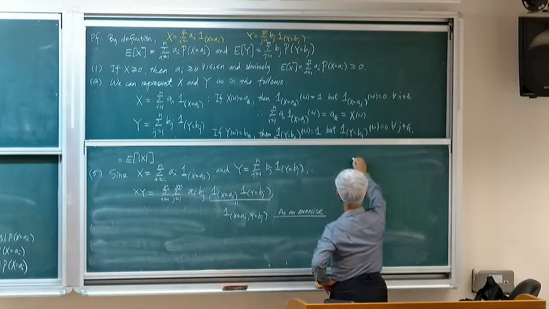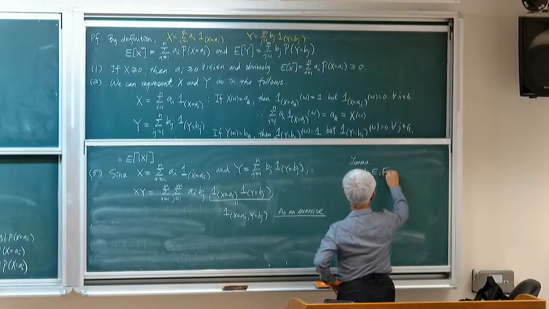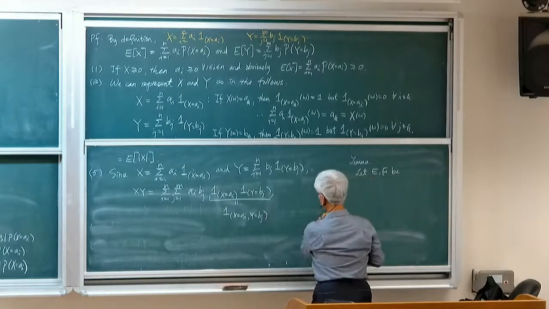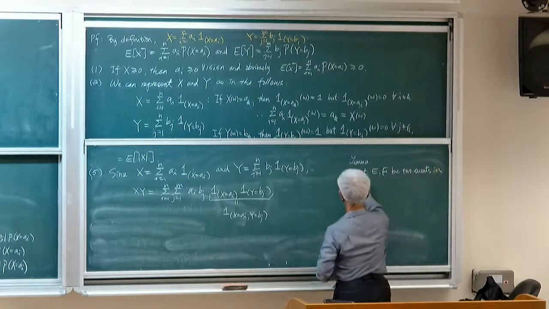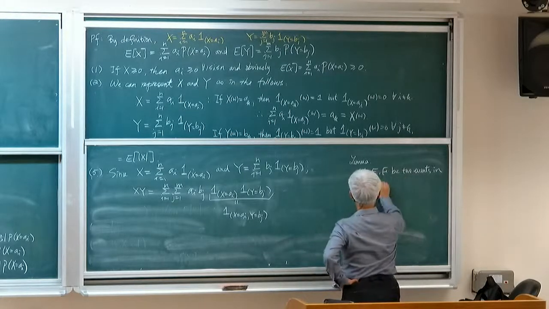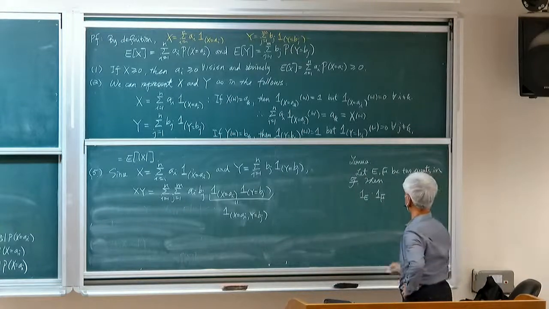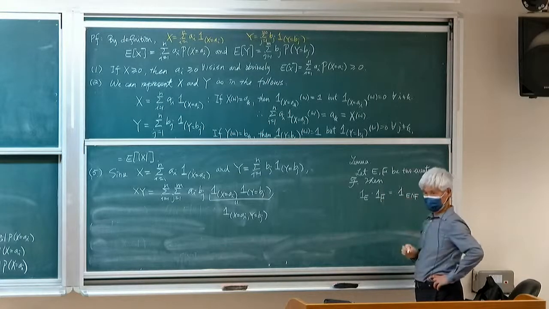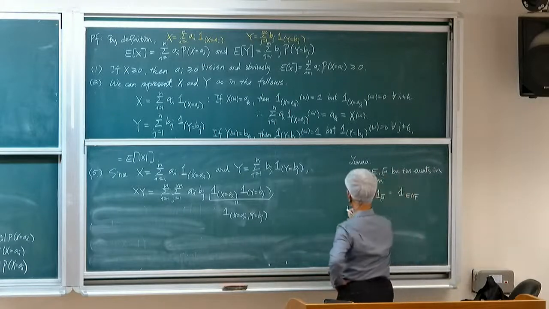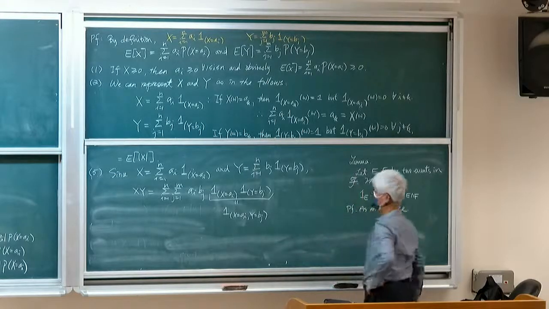So the lemma is: let E and F be two events in the sigma algebra F. Then the product of the respective indicators is equal to the indicator of their intersection. The proof is left as an exercise.